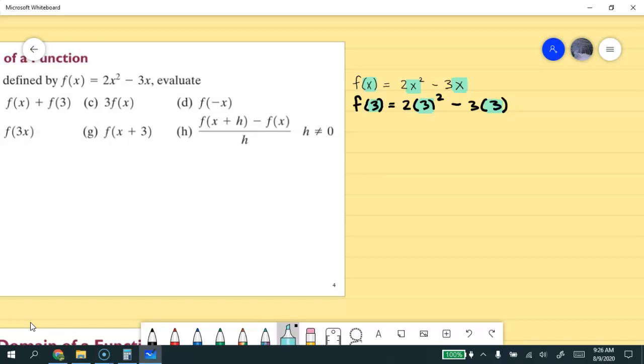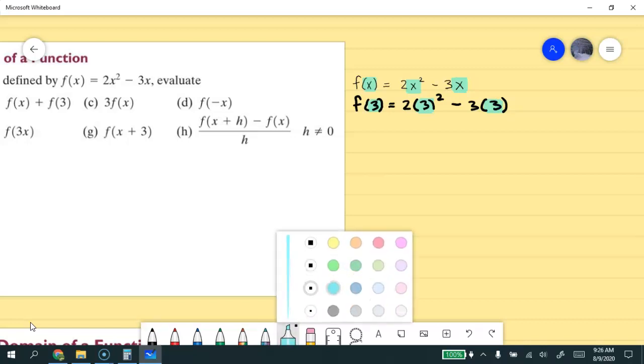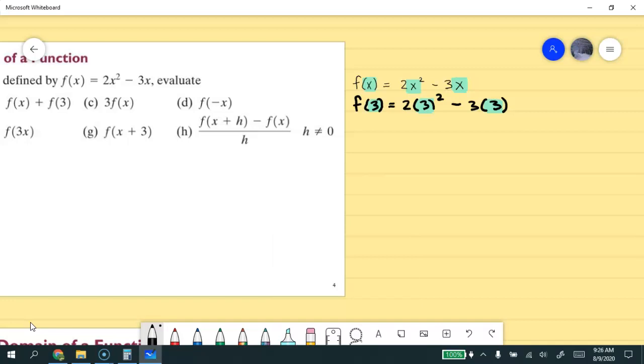Okay, so I went ahead and I did something like that, and now I can go ahead and evaluate it. So this is going to give me 2 times 9, which is 18, minus 9, and so 18 minus 9 is going to give me 9, and so therefore we make the conclusion that f of 3 is equal to 9.